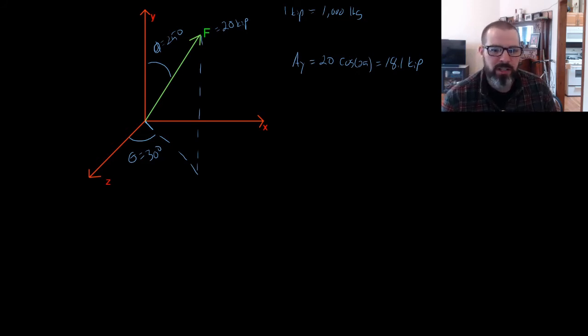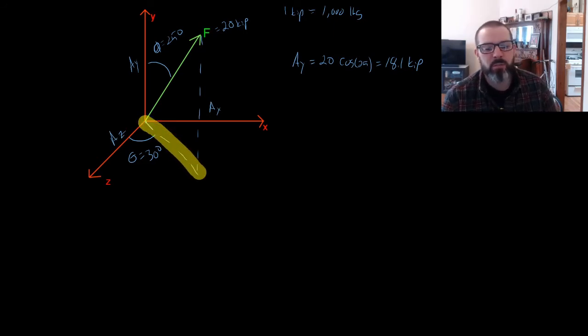In order to find out our AX and AZ components, we need to figure out what the length of this projection is. Generally, I call that projection A prime.